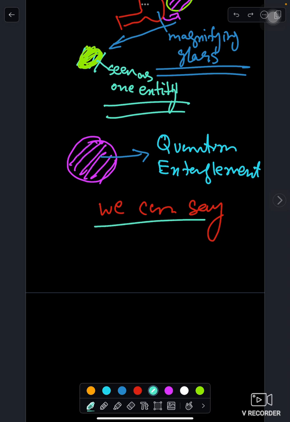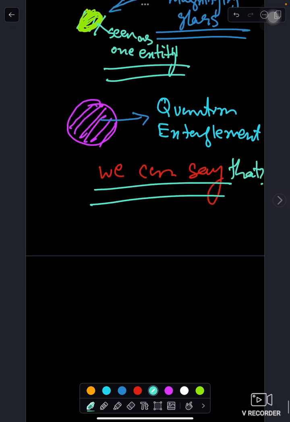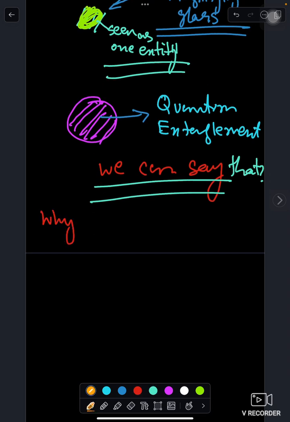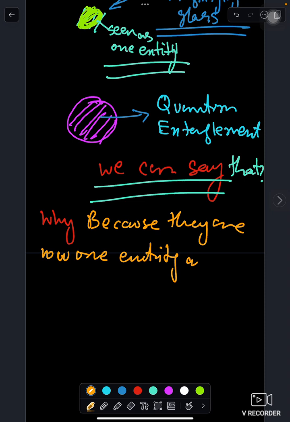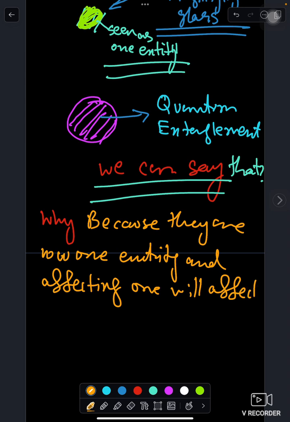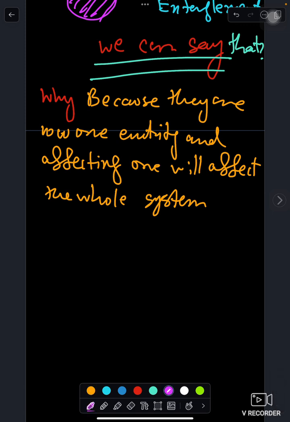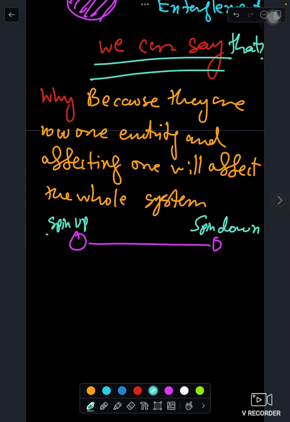So they are now one entity, and affecting one will affect the whole system. That's what quantum entanglement is. If this is spin up, this will be spin down.